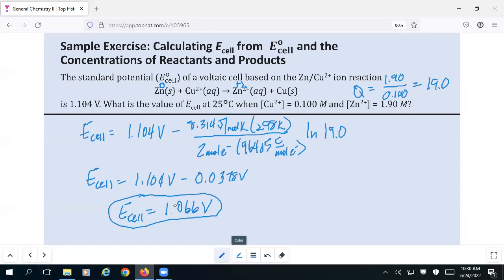Because this is a 19-fold difference in the concentrations, and it barely moved the voltage. Yet you saw yesterday a pretty significant dip in voltage, about 0.3, 0.4 volts almost. So that just gives you an idea.